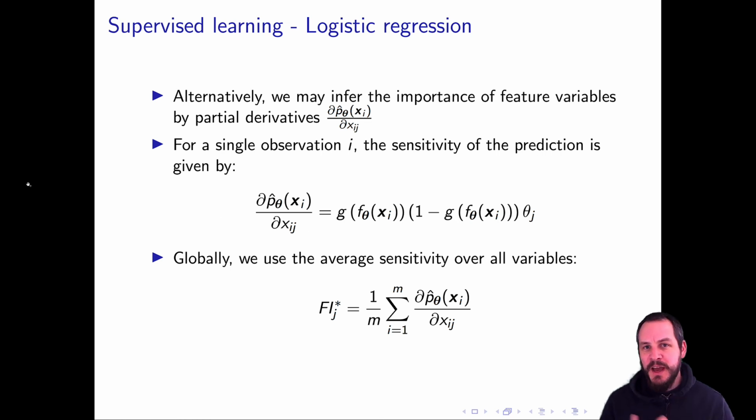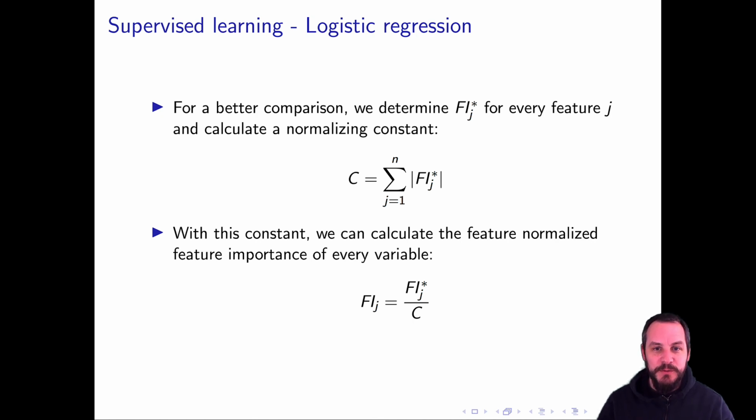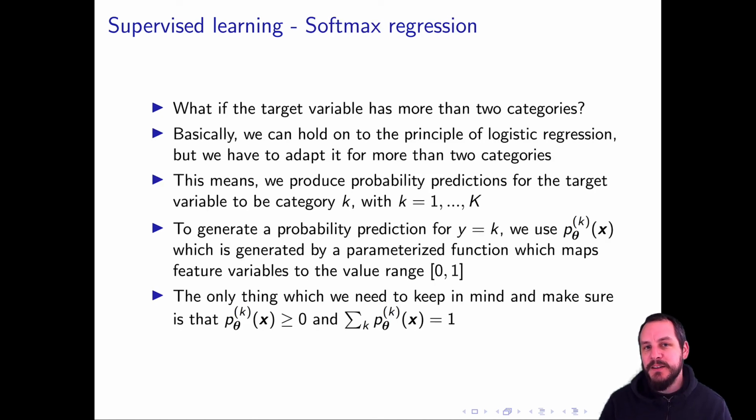So if on average we have experienced high sensitivities over all observations, this means we consider this to be an important variable, because even a small change in this feature variable can have a drastic impact on our predictions. The math is given here just for completeness, but the basic idea is again to determine the sensitivity of predictions with respect to changes in the feature variables. Okay, so this is quite fast, but it subsumes the idea of the logistic regression model.